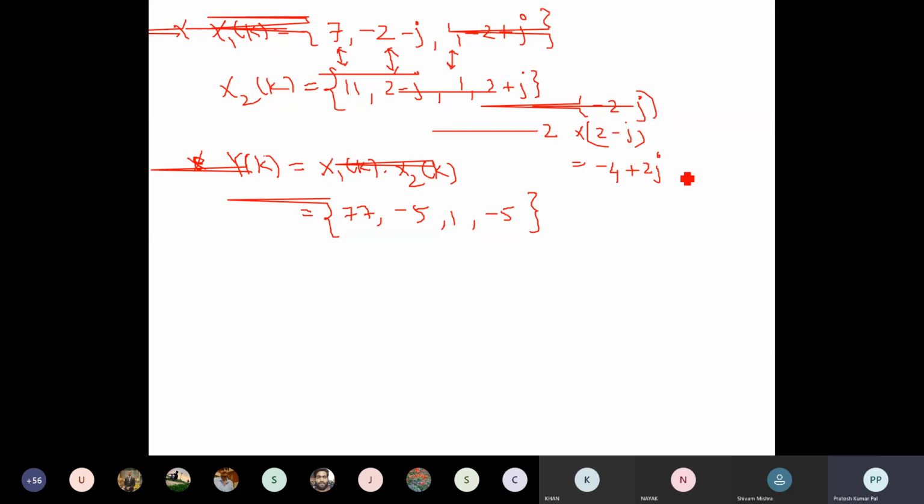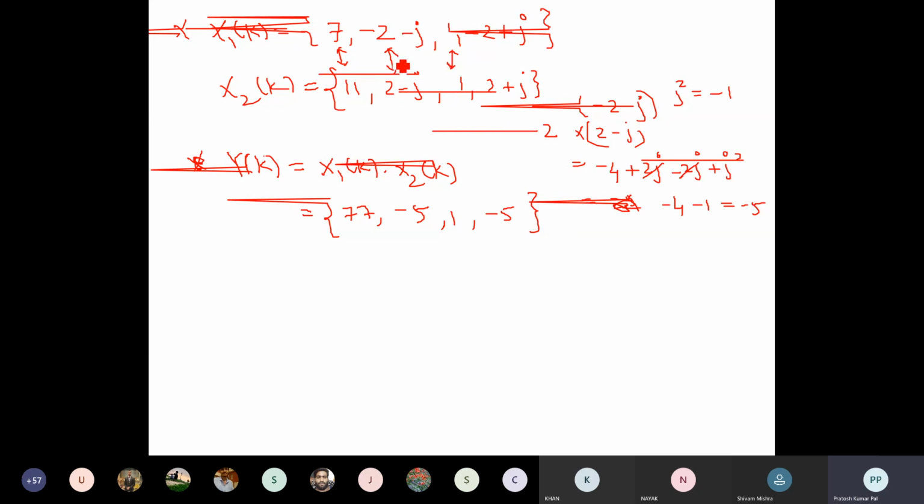This minus j will be multiplied by 2, it will be minus 2j, and this minus j will be multiplied by minus j, that will be plus j square. Okay, so it will be minus 4, and these two will cancel out, and this plus j square. So j square value is minus 1, so it will be minus 5.